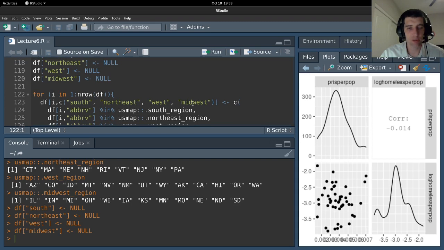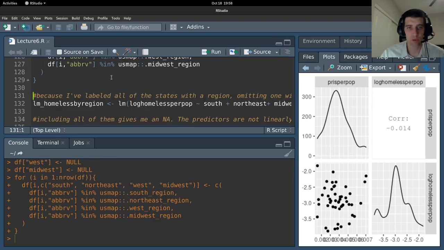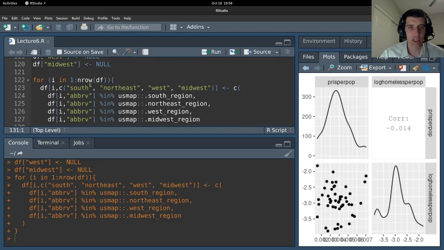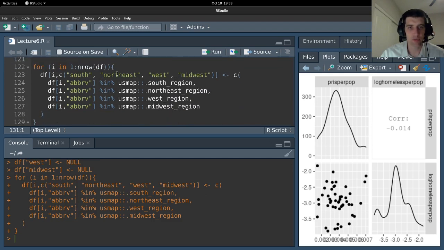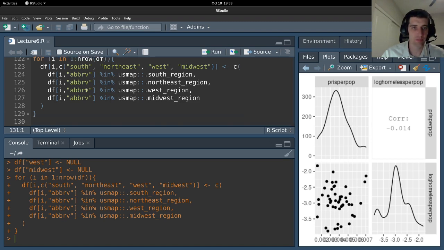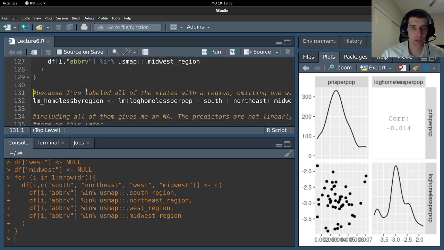So what I'm basically doing is defining binary columns according to whether the state is in these different regions. That's what this for loop does: for each of the regions, for each of the rows, if the state is in the region, make the corresponding entry in the column true.